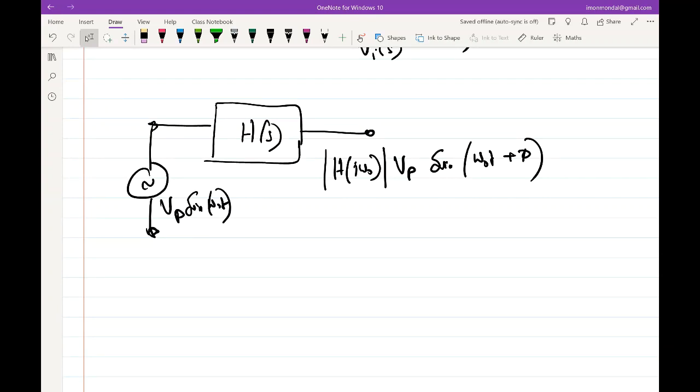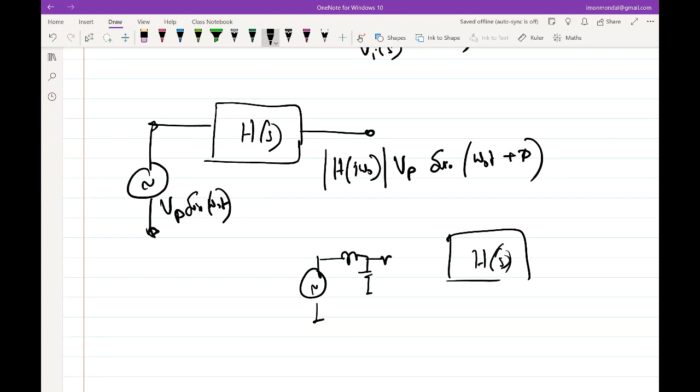So basically what I'm saying is, if you have H of S, here it's going through this. If you apply a step here, there is no guarantee that you are getting a step here. Do you see the point? However, if you apply a sinusoid here, there is a guarantee that you are getting a sinusoid here.